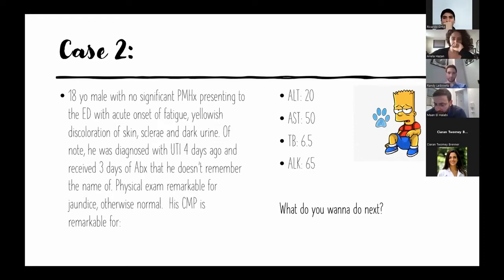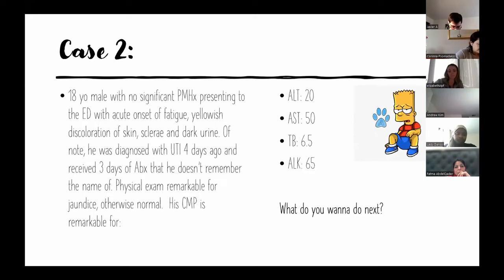Physical examination is remarkable for jaundice, otherwise normal. CMP is remarkable for ALT of 20, AST 50, T-bili of 6.5, and an ALK phos of 65.